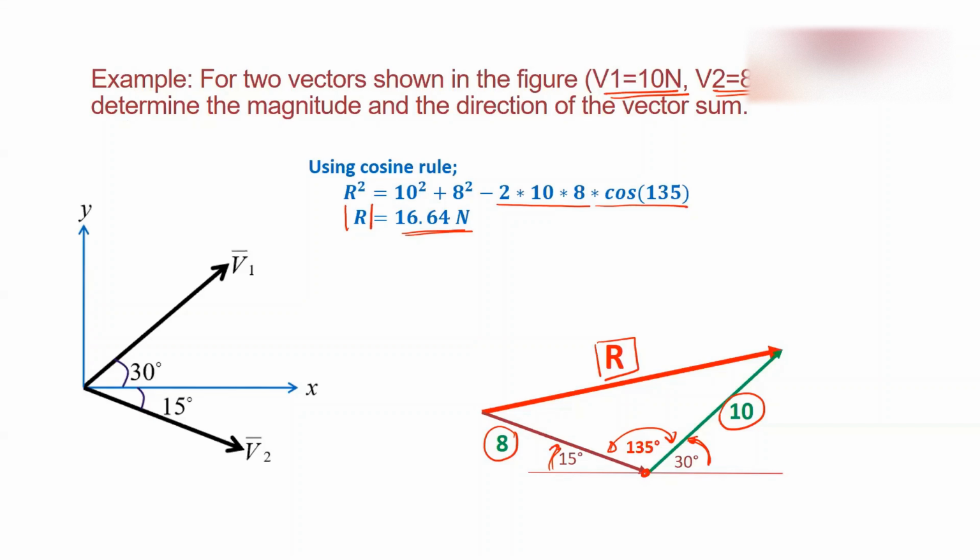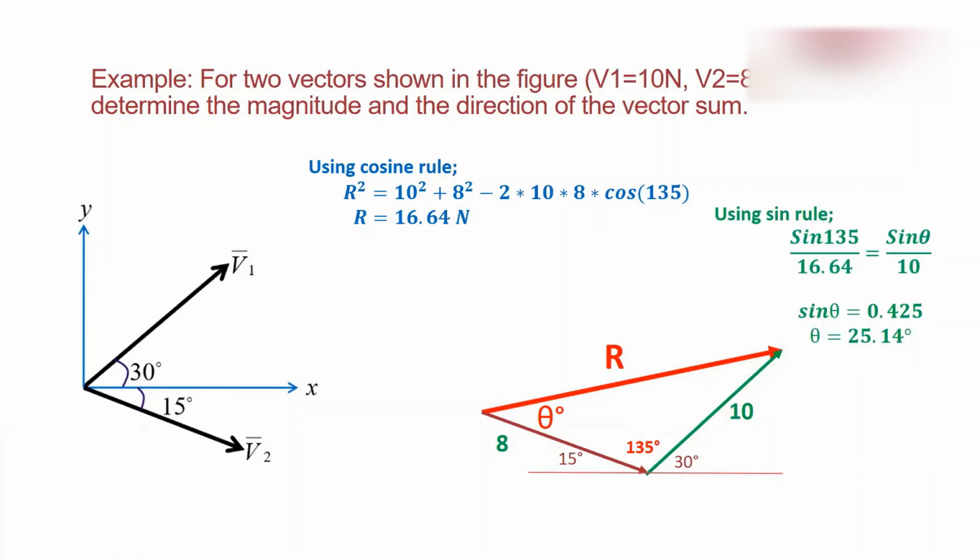To find the direction, I'm taking this angle as theta. I can now write the sine rule to find this theta. So I can write sine 135 divided by the opposite length, which is R, we already found R, is equal to sine theta divided by the opposite length, which is 10.